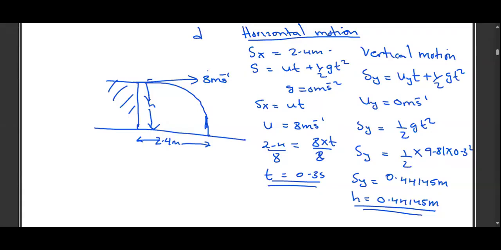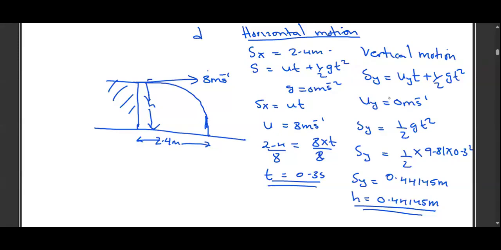But for horizontal motion, our g is 0, because a body moving horizontally is not affected by gravity. So we have our Sx is going to equal to ut, whereby our u was given as 8 meters per second. So when you put in this equation here, 2.4 is going to equal to 8t. Divide by 8 on both sides. We are coming up with our time taken for this ball to land on the ground as 0.3 seconds.